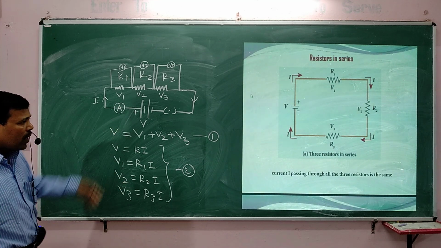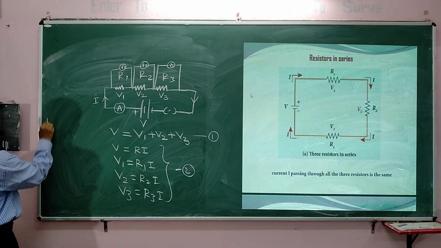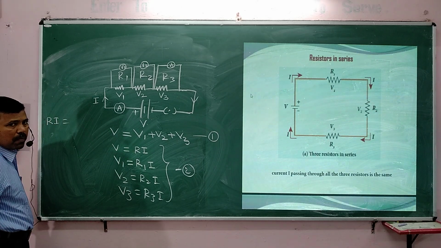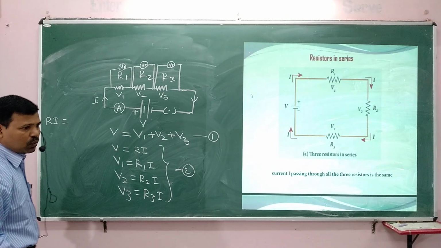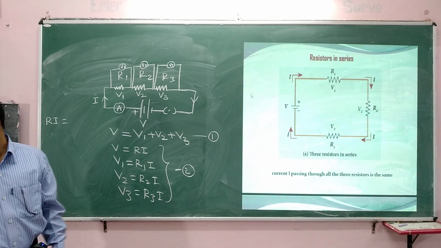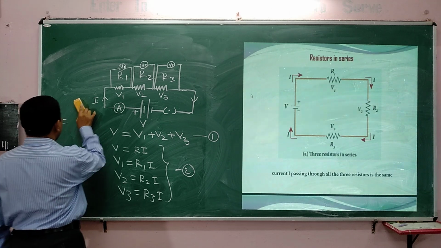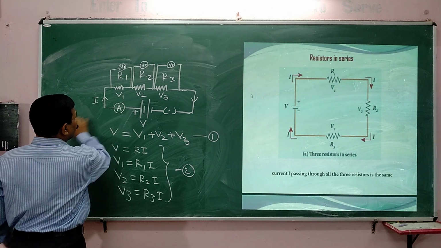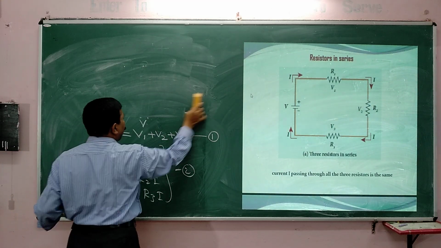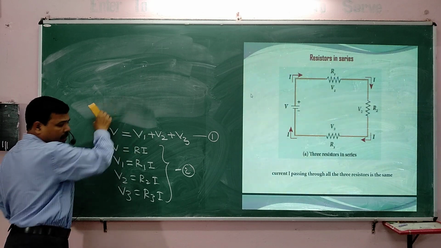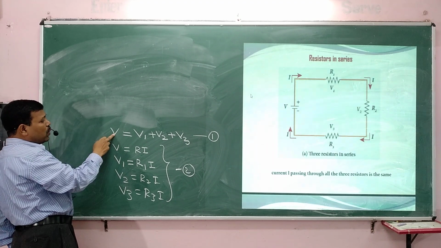Substitute 2 in 1. We get V is equal to Ri. Substitute V equal to Ri here.